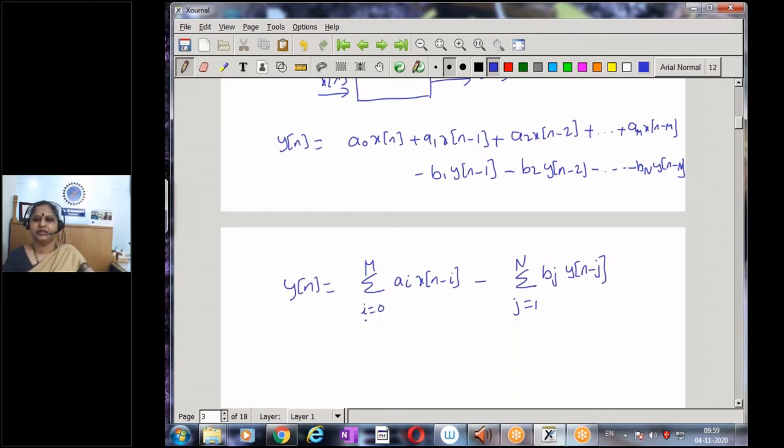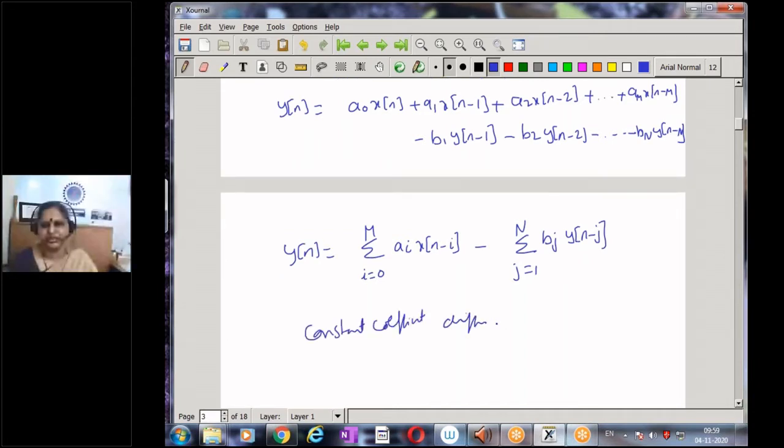This is a constant coefficient difference equation, because the ai and bj are constants, they are not a function of time, or not a function of n, and that is why we say this is a constant coefficient difference equation.